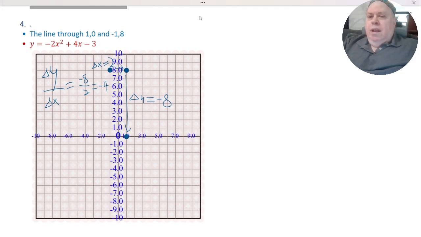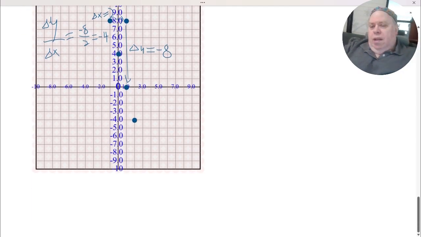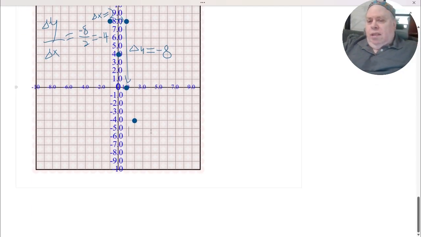So that means, let's go back to thick, over 1 down 4, over 1 down 4 takes me to the other point. That's a check. Over 1 down 4 takes me to minus 4. Over 1 down 4 takes me to minus 8. And over 1 down 4 takes me down here.